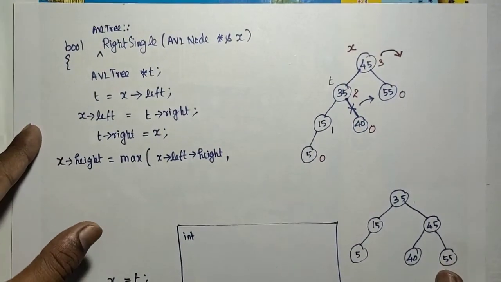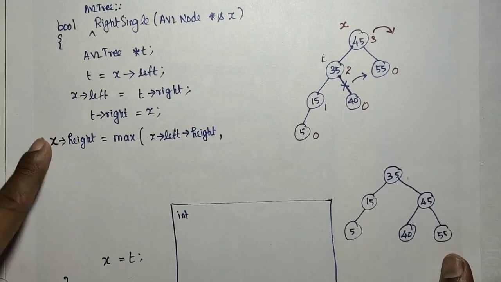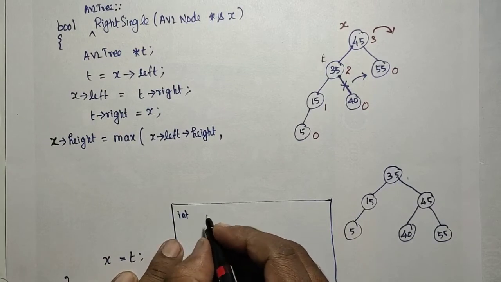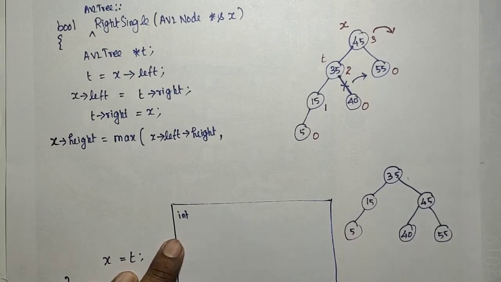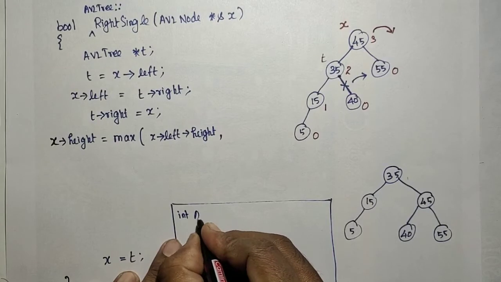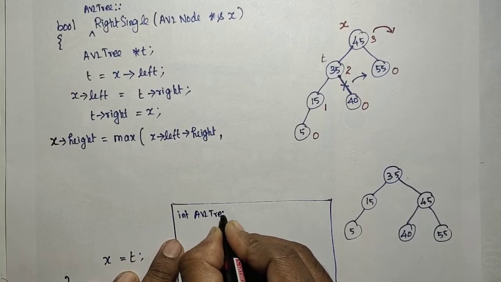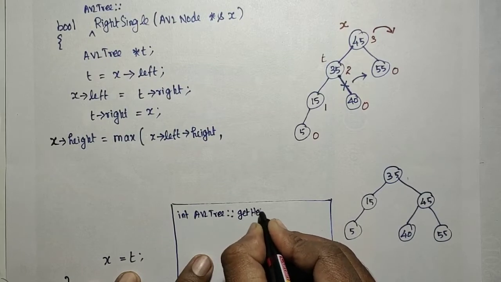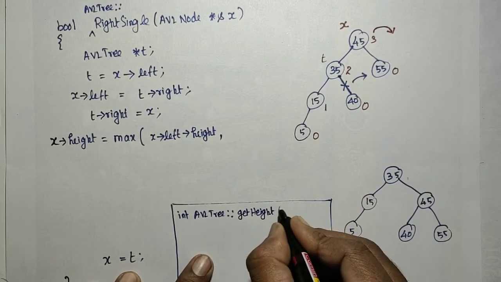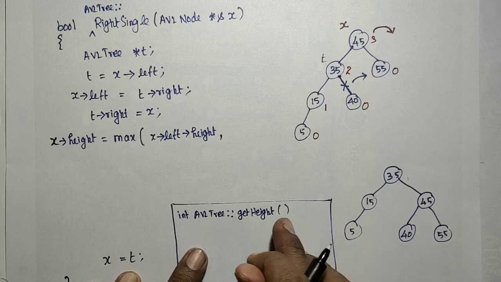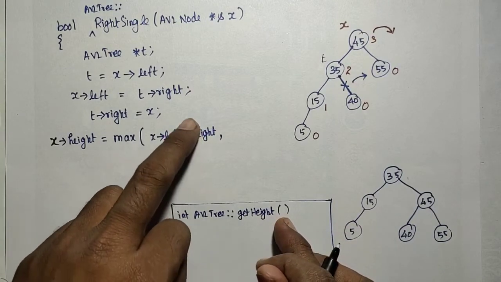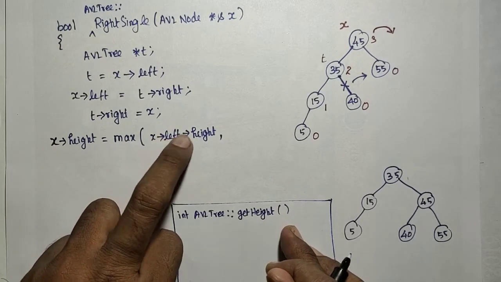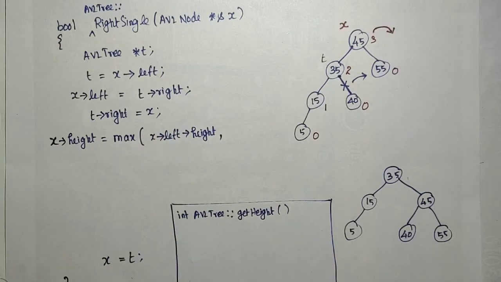Similarly, int AVL tree scope resolution and get height, a function in which I need to pass the node, that address, whichever tree address I have to pass. Like that I need to write.